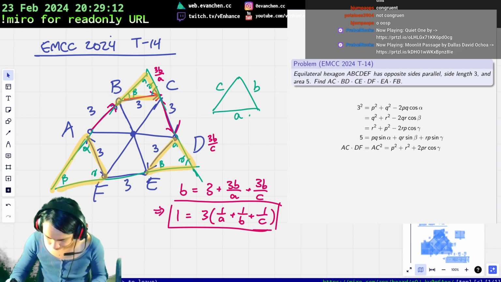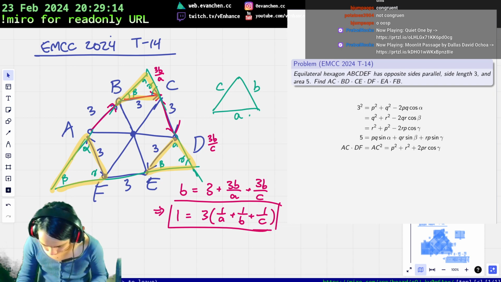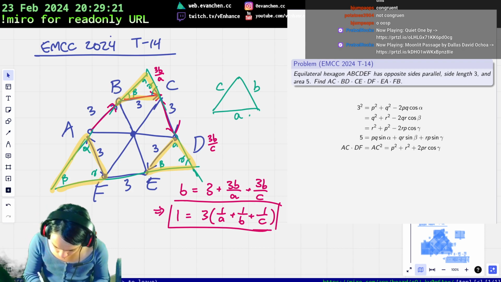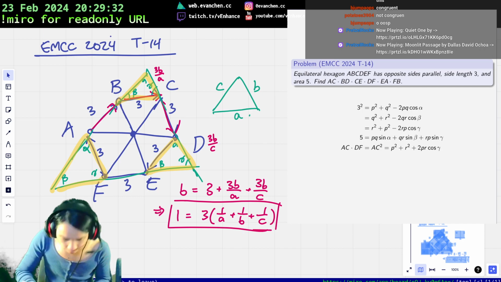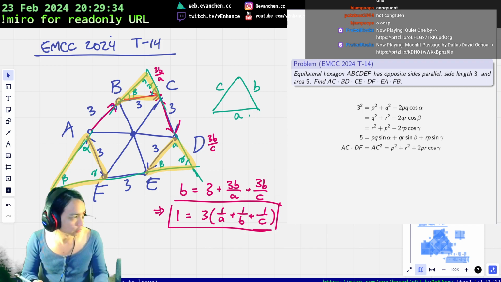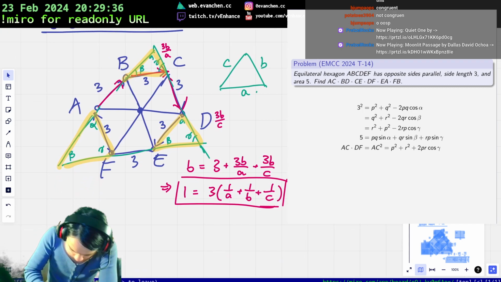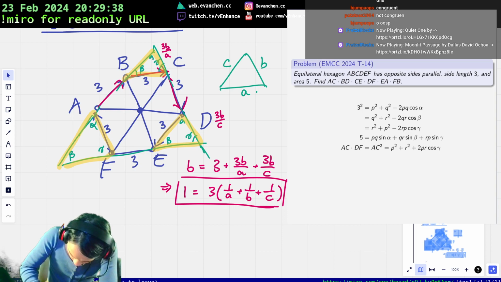So the yellow triangles, what are those? It's like, okay, 3/8, right?